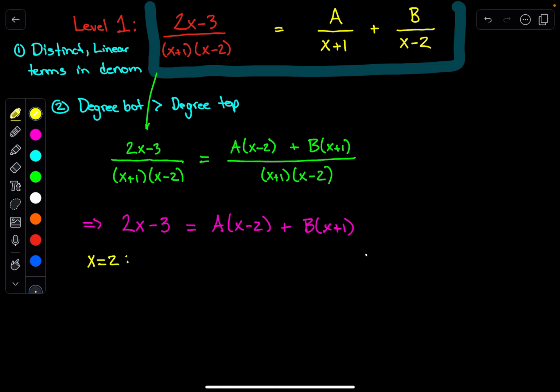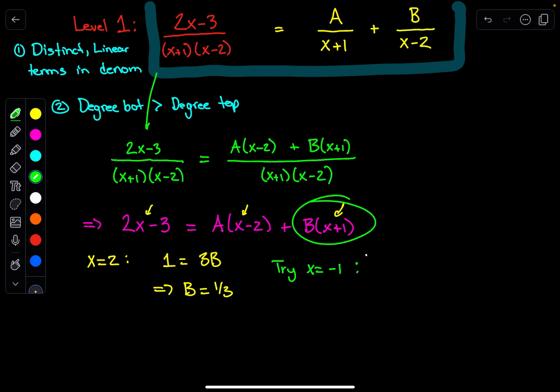And if you test this, if I plug in x is equal to 2 to both sides of this equation, we very quickly get that 1 is equal to, well, this term goes to 0, and then this term becomes 3. So 3b is equal to 1. And that very quickly gets us that b is equal to 1/3. And likewise, we could try x is equal to -1. -1 is going to make that term evaporate.